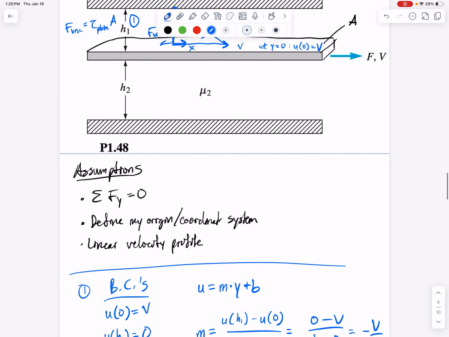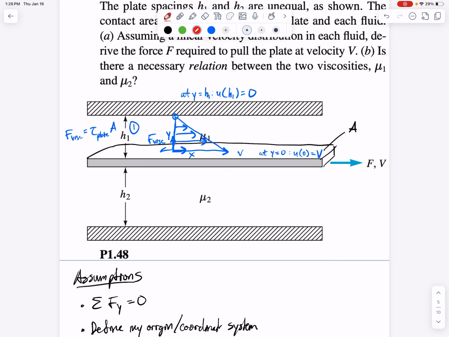Let's talk about the bottom surface. We need to reorient our coordinate system because for the bottom surface of the plate, we're looking down. So now we define downwards as our positive y direction and keep x along the direction of the force and velocity vectors. Once again, along the plate, I inherit the velocity of the plate.